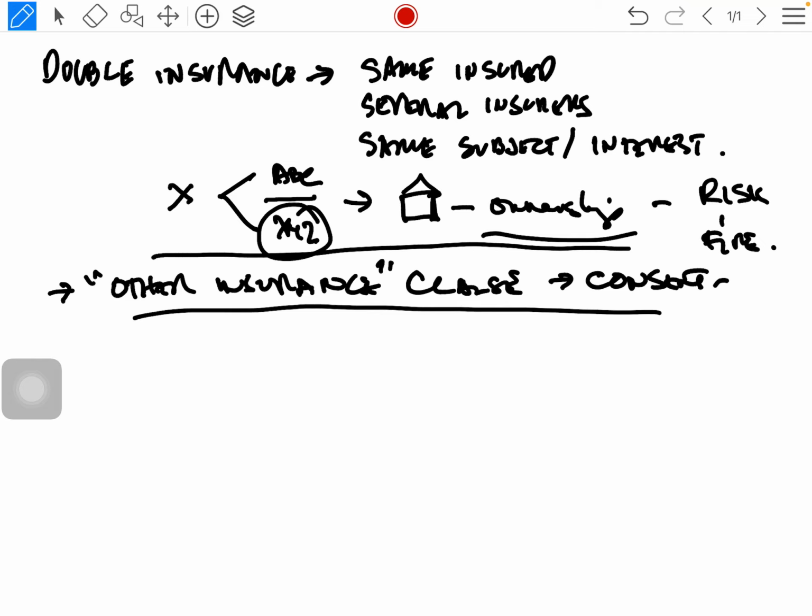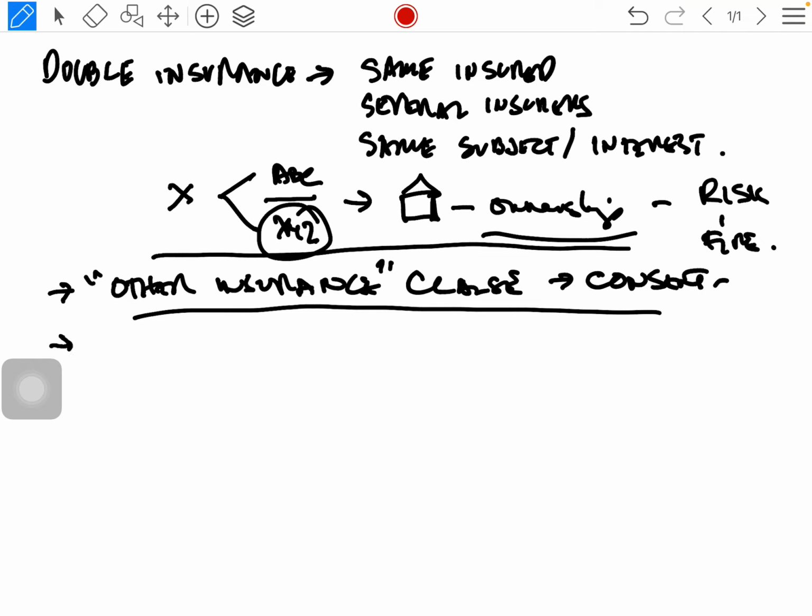If XYZ's insurance policy contains another insurance clause, X must inform XYZ that he has insurance from ABC. So that is how the other insurance clause will be complied with. When there is a failure to comply, then there is a breach of the policy.